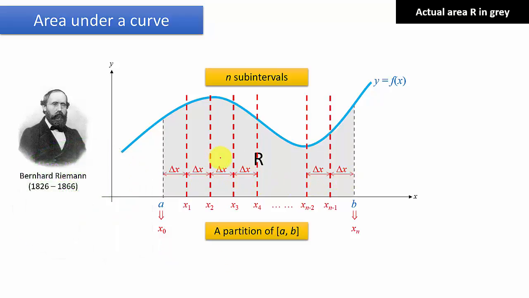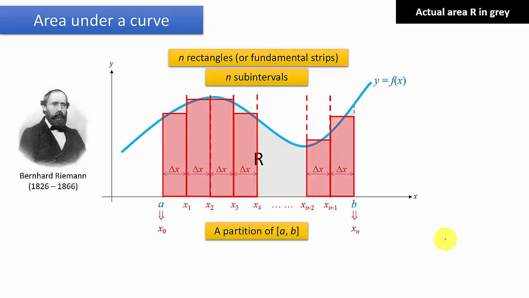So remember that the problem here is to find the gray area denoted by R. Riemann decided to use rectangles or fundamental strips, each with width delta x, to cover the gray area. So the area of the rectangles in red is trying to approximate the actual area which is in gray.